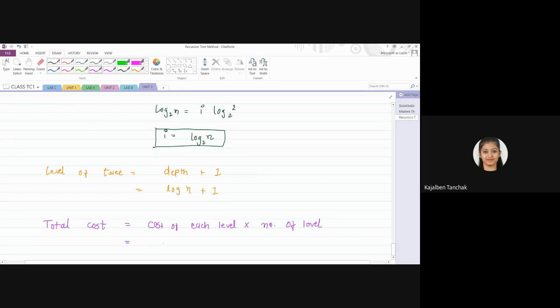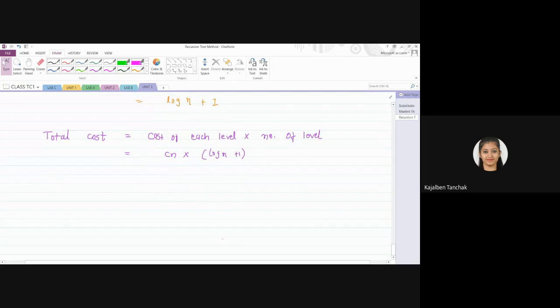Cost of each level is Cn into number of levels, that is log n plus 1. If you multiply this, then Cn log n plus Cn. Now you just consider C as a constant. So the time complexity of this will be what? n log n plus n.